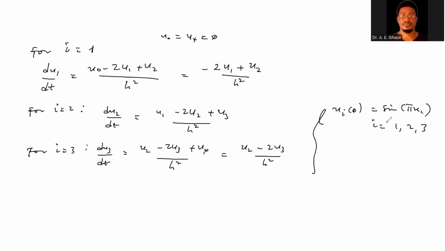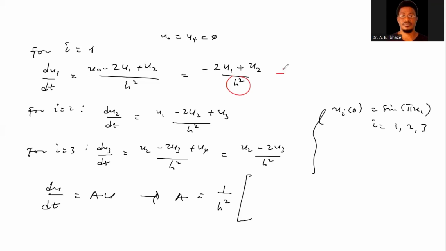So once the system is written in the matrix form, we have that du dt is the same as Au. So in this case, we already know that A is the same as 1 over h squared. And here, what do we have? Now, this h squared, let's change the color. So this is 1 over h squared.